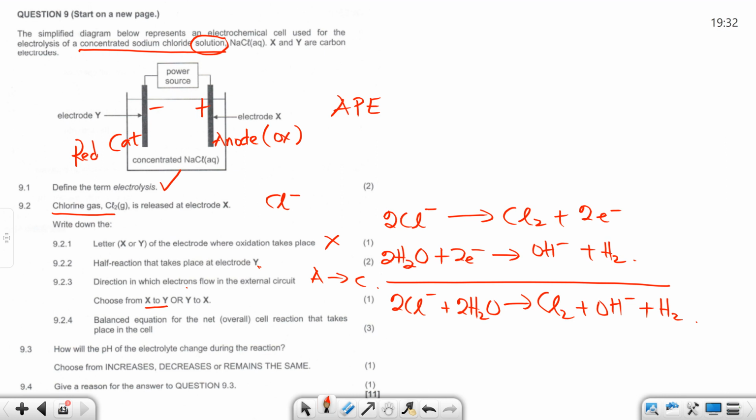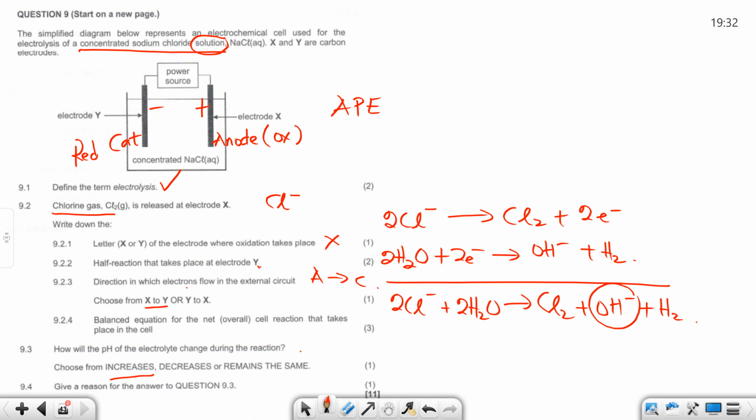Will the pH of the electrolyte change during this reaction? How will the pH change? It will increase. We are forming a base.